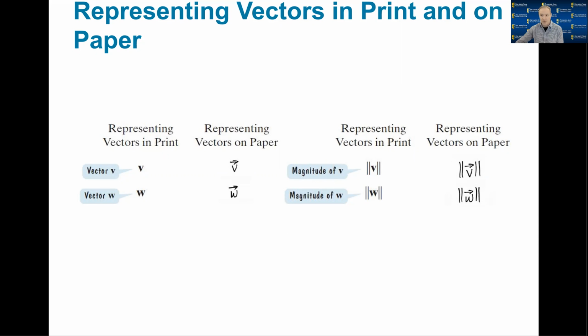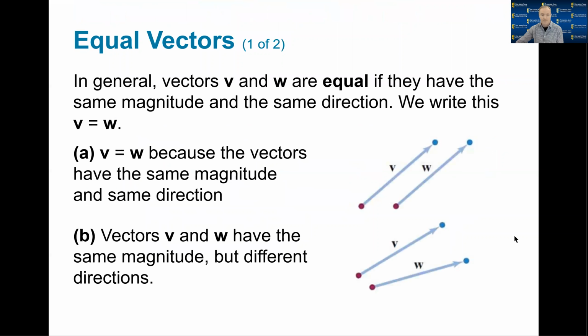So if an object is going 600 miles per hour in a specific direction, that speed is going to represent the magnitude of the vector. To represent the magnitude on paper, you just put an arrow over the indicators for the vector and then the double absolute value sign. Again, though, that arrow's not mandatory, but it's formal notation if you're writing it out by hand.